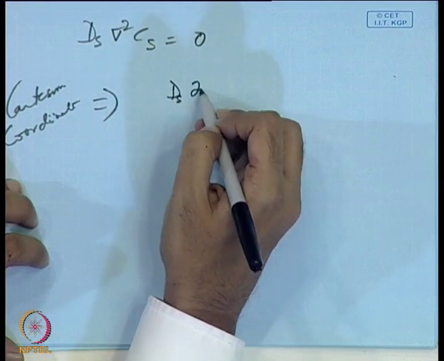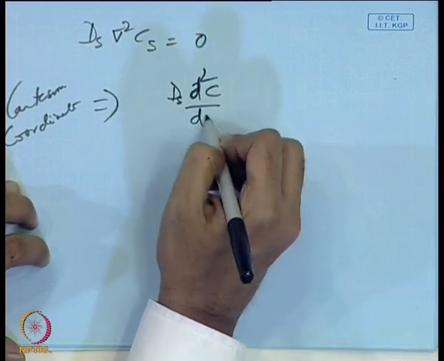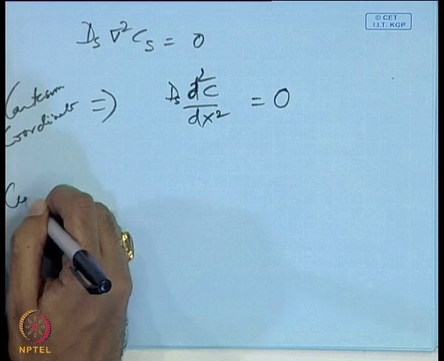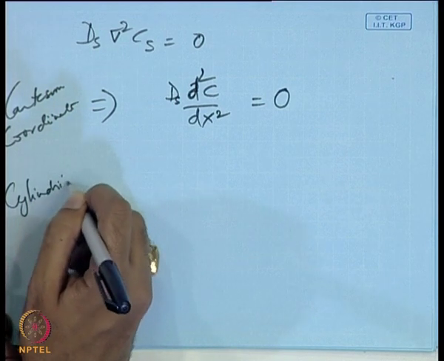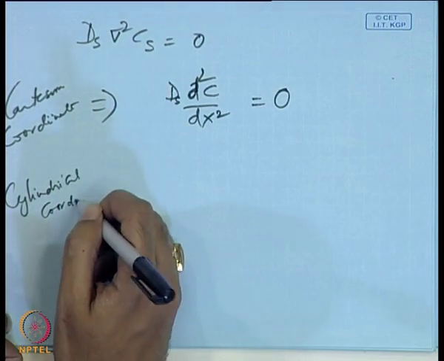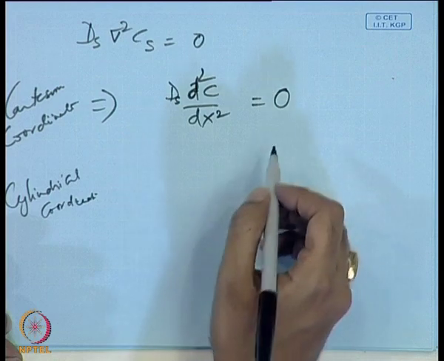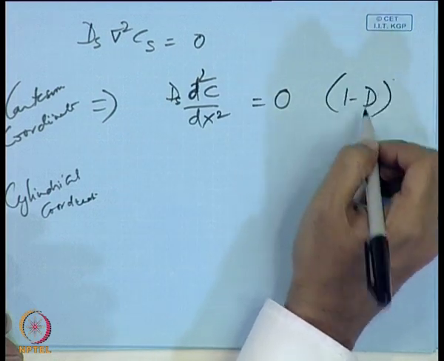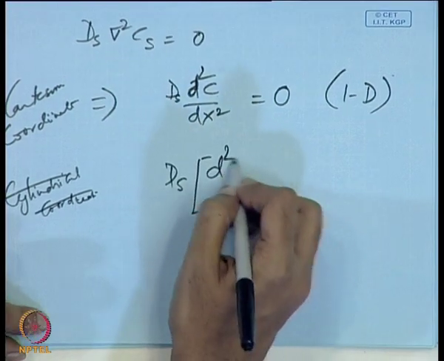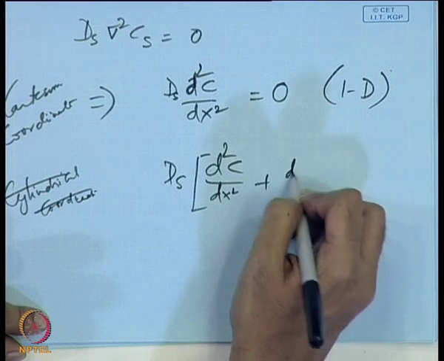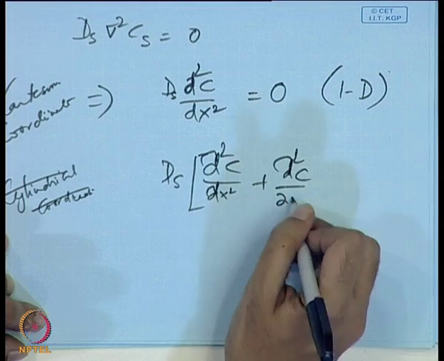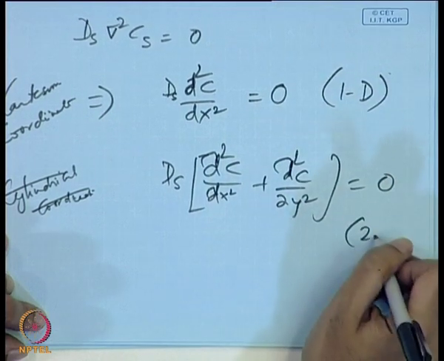So Ds into, and in the cylindrical coordinate, if I am to do a 2D, this is 1D, and a 2D would be Ds into, okay.